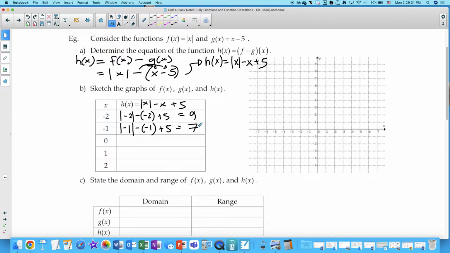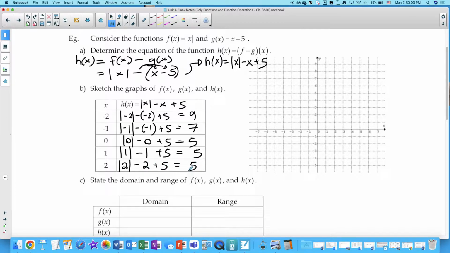Okay, and then here, absolute value of 0 minus 0 plus 5, that's just 5. And then when x is 1, absolute value of 1 minus 1 plus 5. What's that? It's 5, yeah. Okay, here, absolute value of 2 minus 2 plus 5.